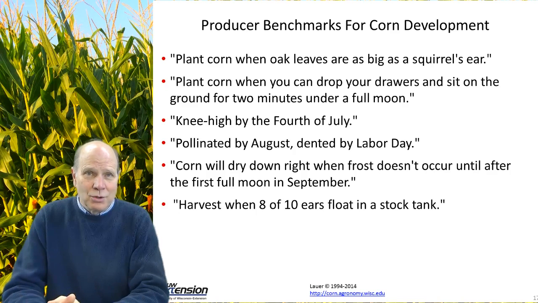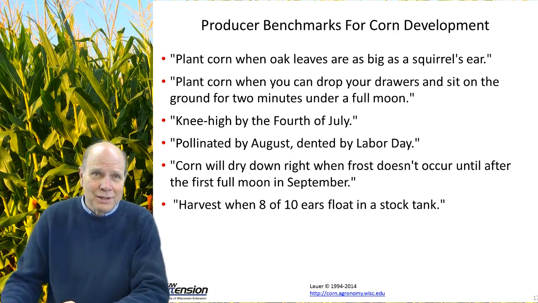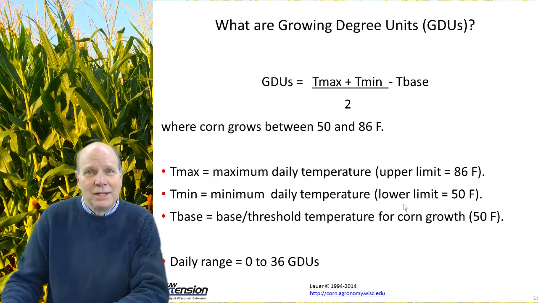One of the common ones, of course, is knee-high by the 4th of July. But we know in Wisconsin that if we're knee-high by the 4th of July, we're way behind in terms of our development. And that used to be a very common saying, but it's kind of gone out of favor lately. Some of them are kind of humorous, but those are ones that are oftentimes used.